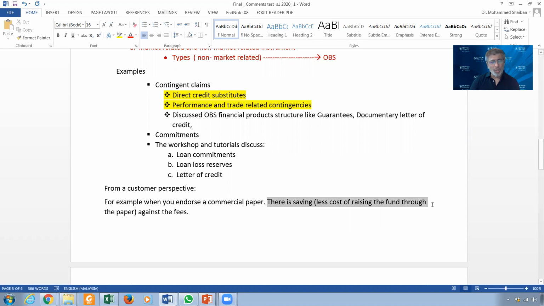If the saving is higher than the cost to the bank, then we have to look at it. So we can use the bank in this case.